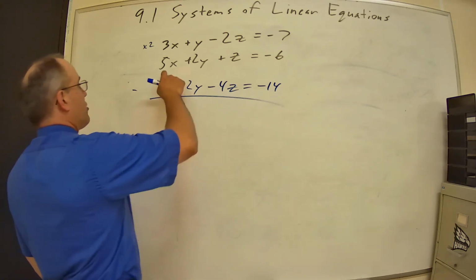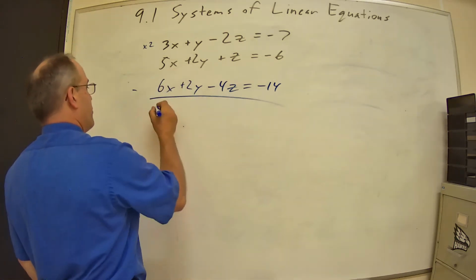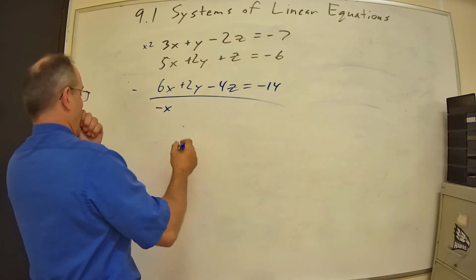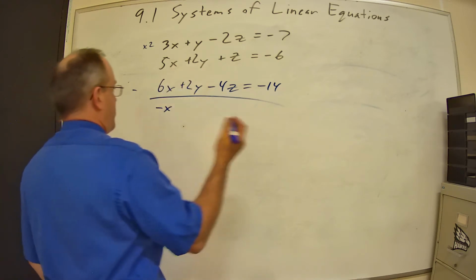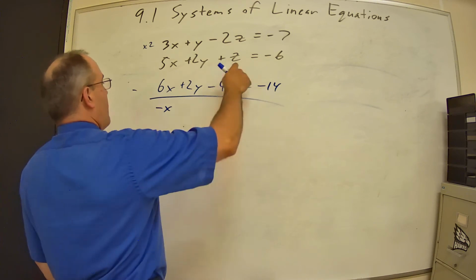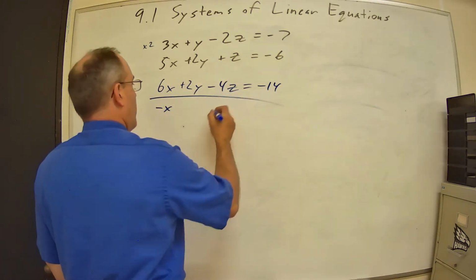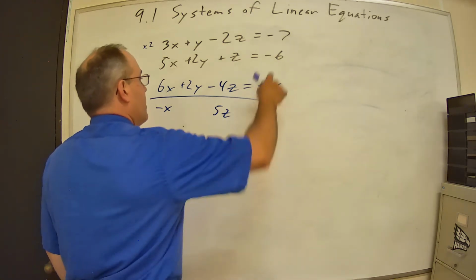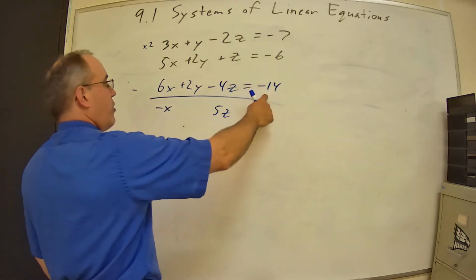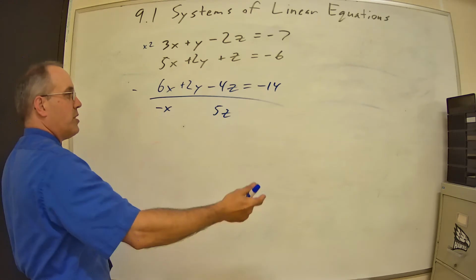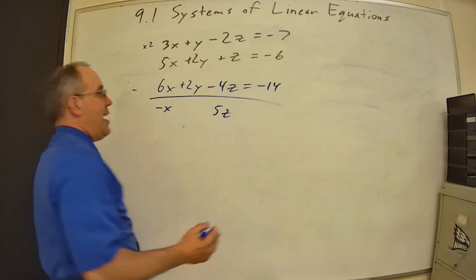So I'm going to subtract. 5x minus 6x gives you negative x. 2y minus 2y gives you 0y. z minus negative 4z gives you z plus 4z, or 5z. Negative 6 minus negative 14 is negative 6 plus 14, which gives you 8.